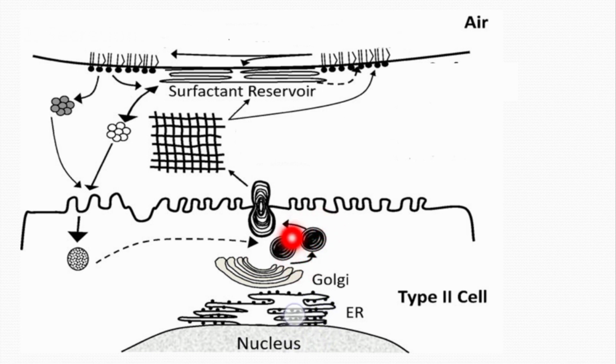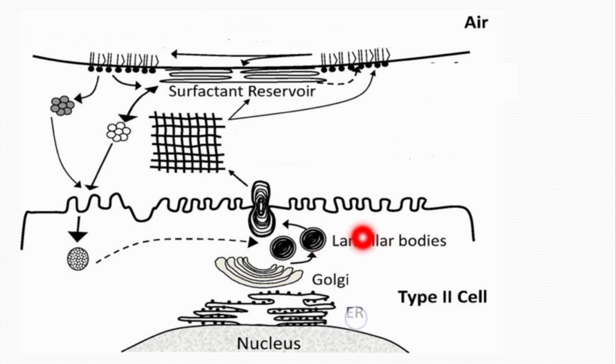These membrane bound organelles contain whorls of phospholipid, and they are called lamellar bodies.